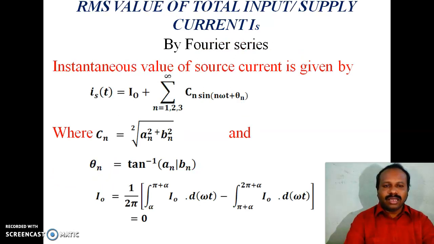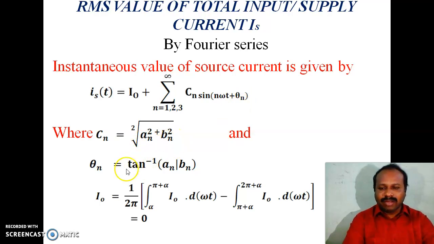RMS value of total input or supply current Is. By Fourier series, the value of the instantaneous source current is given by Is of t equal to I0, the steady state current, the output or load current, plus sigma n equal to 1, 2, 3 up to infinity of Cn sin of n omega t plus theta n, where Cn equal to square root of an square plus bn square and theta n equal to tan inverse of an by bn.